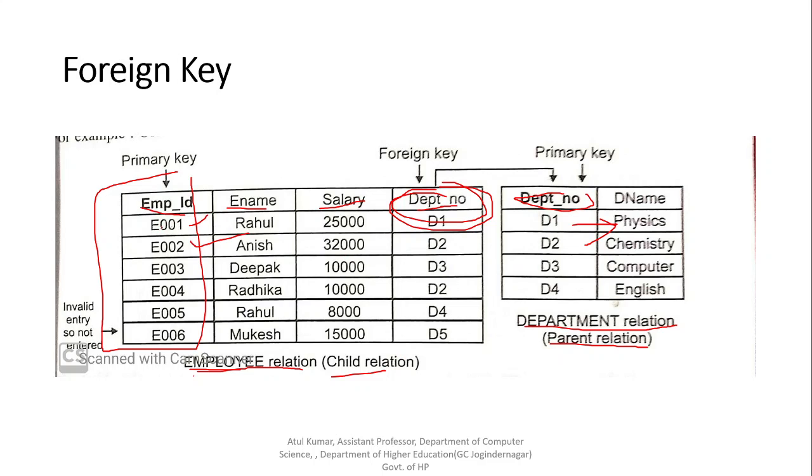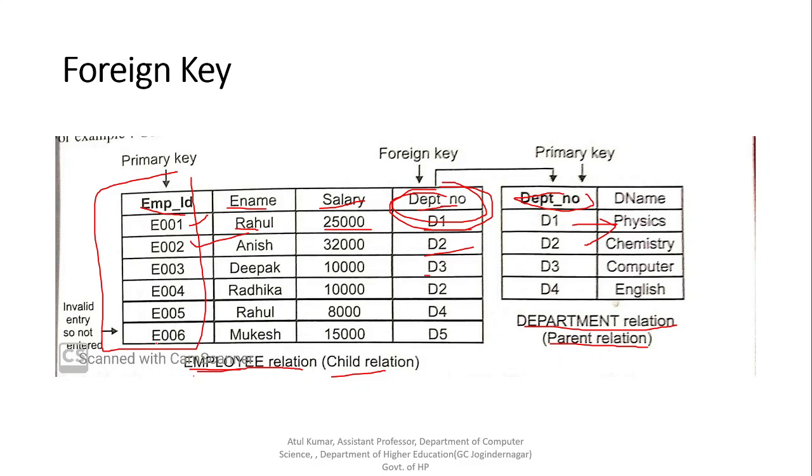In this example we have the first employee, E001, the name of the employee is Rahul, the salary is 25,000, and the department number is D1. Similarly, we have E002 with department number D2, and E003 Deepak, 10,000, and D3.